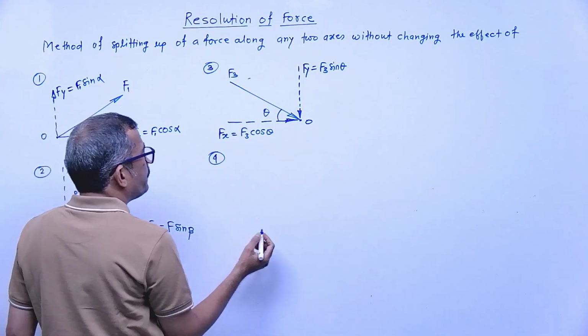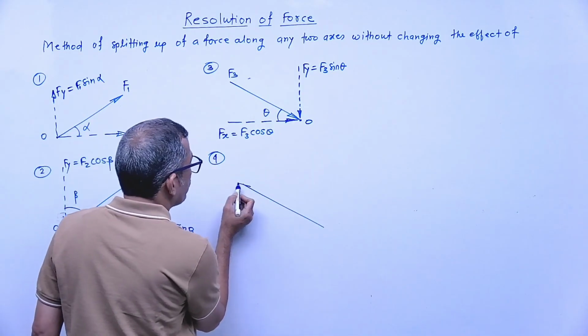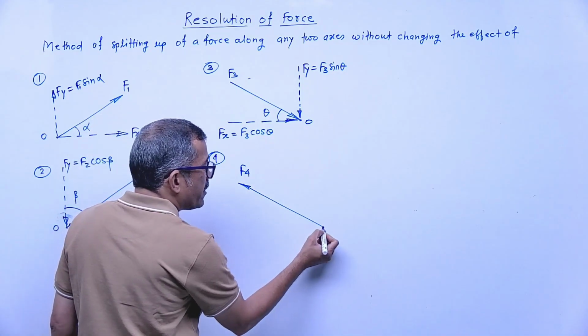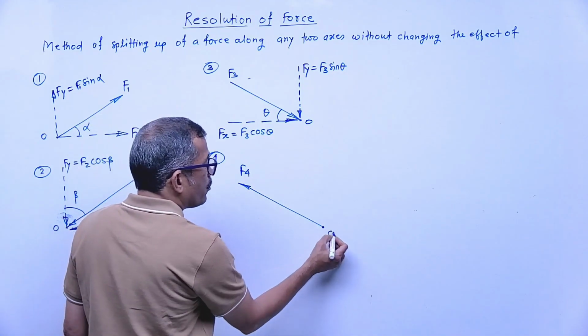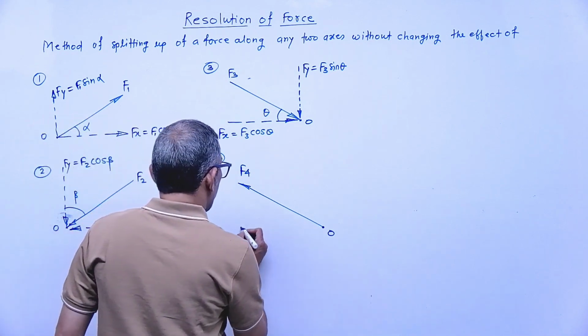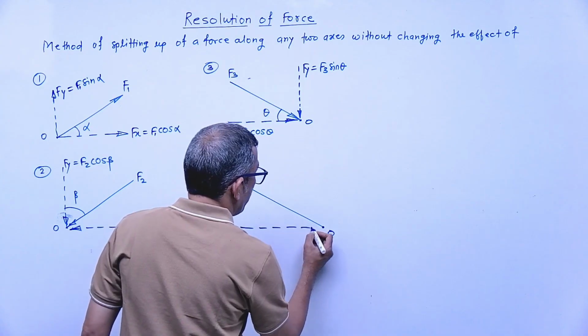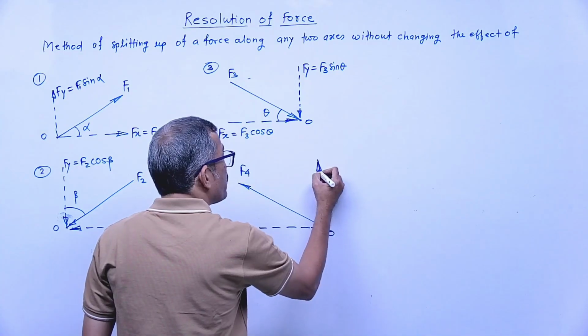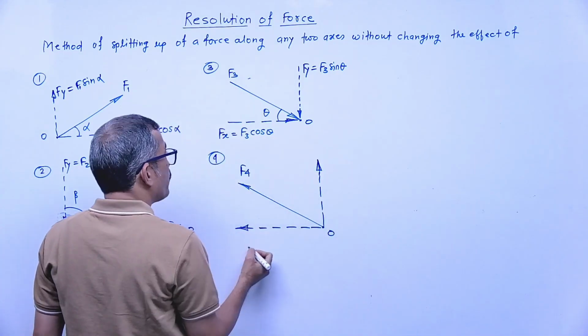Number 4, again in the same quadrant, means the second quadrant. Force is acting at this point, say point O. Force is away from the point, so components must be away from point O. Away means upward and leftward.